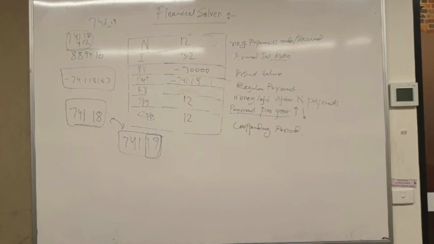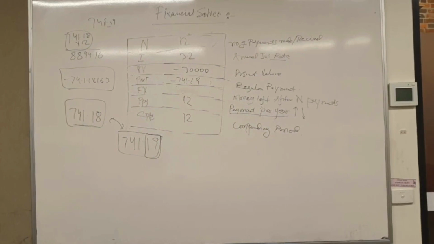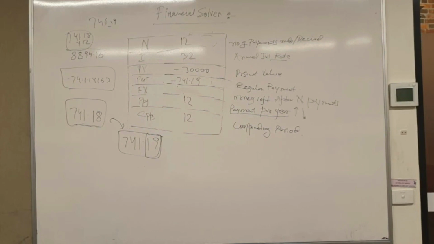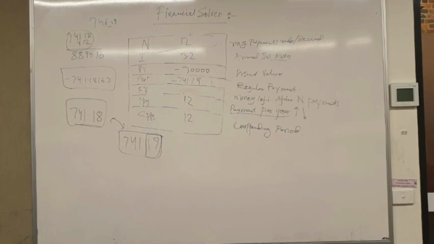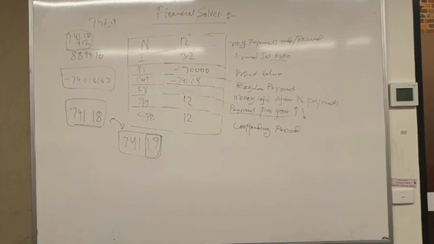Let's try one more. Let's do the reducing balance loan now. Can someone do example 23, part A of the question.